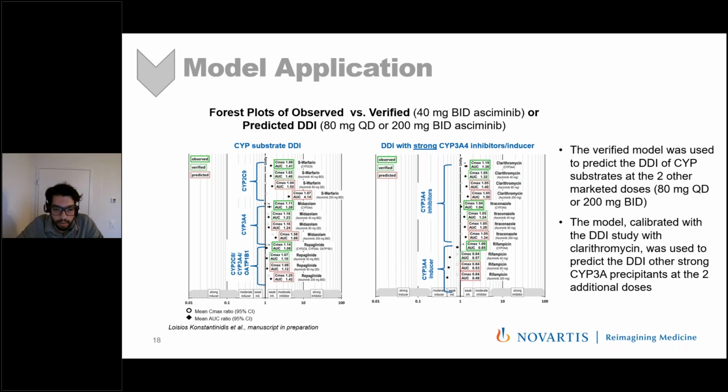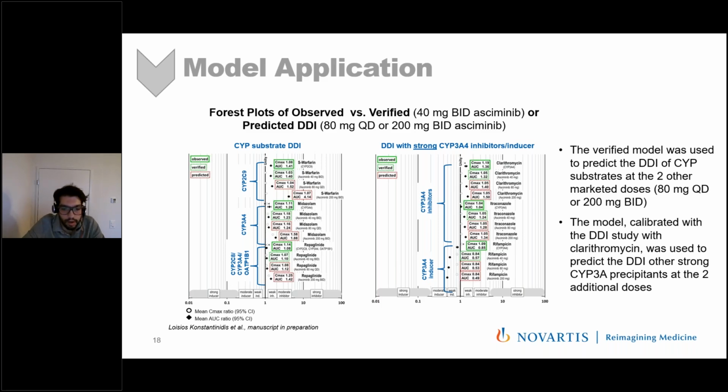This forest plot shows, with the solid green line, the presence of an actual clinical DDI. Here is the case for these three substrates, midazolam, warfarin, and repaglinide as CYP3A4, CYP2C9, and CYP2C8 substrates.